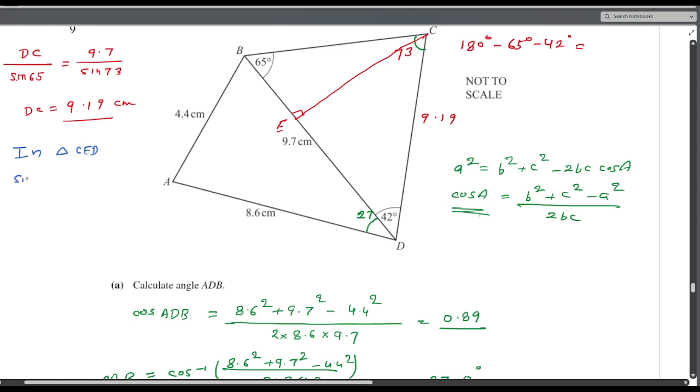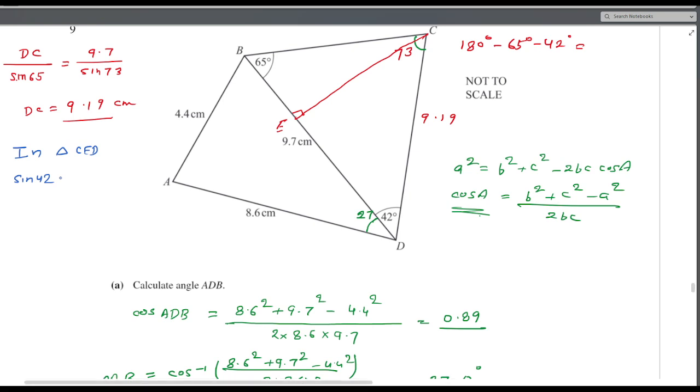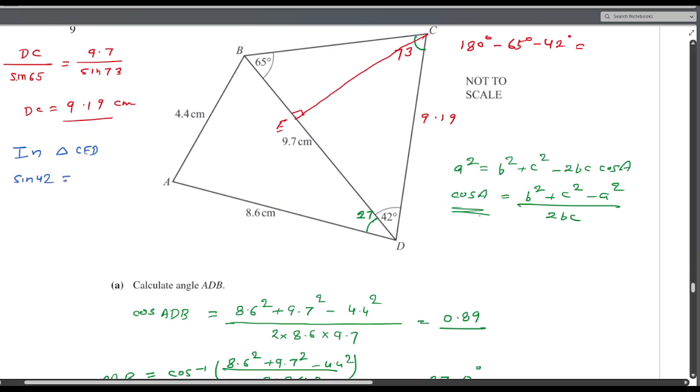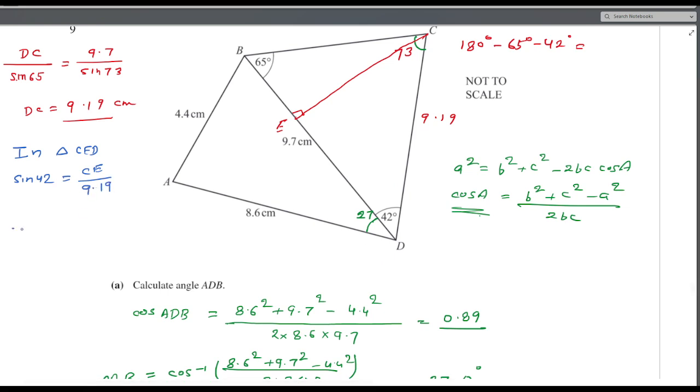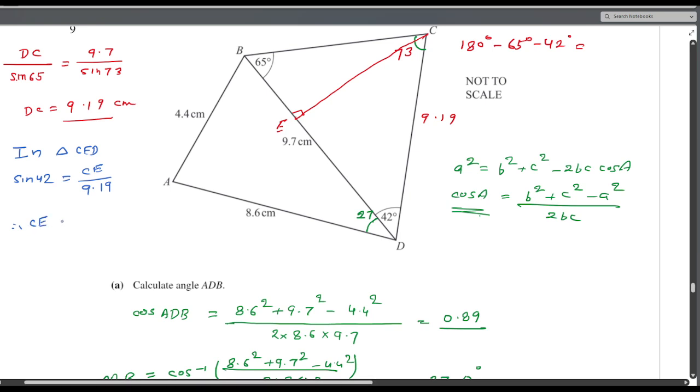Sine 42 degree will be equal to CE divided by 9.19. Therefore CE will be equal to 9.19 multiplied by sine 42.